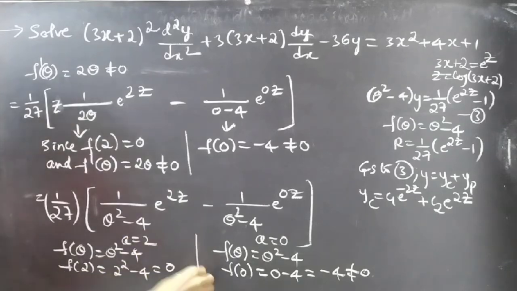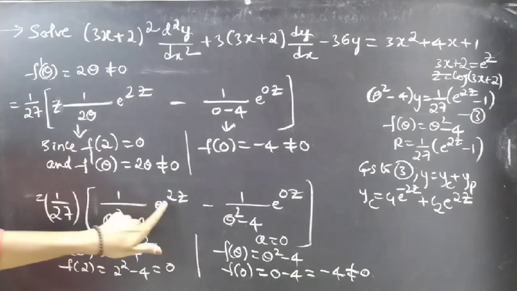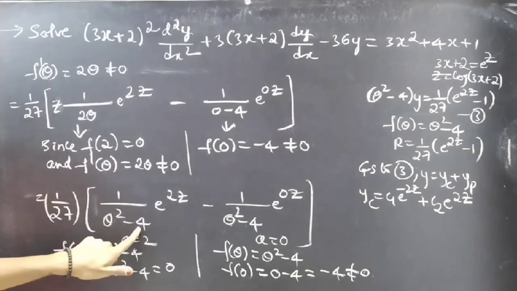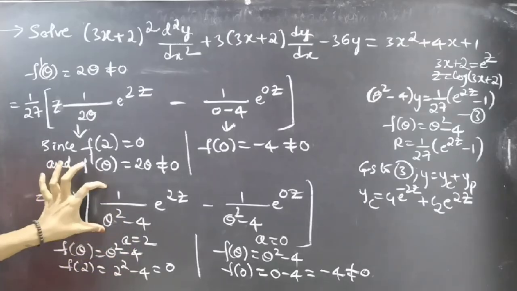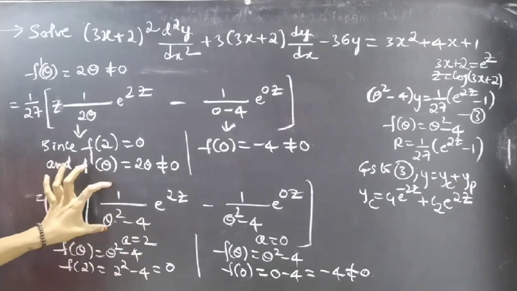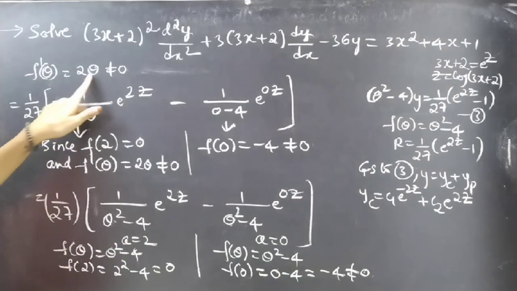I'll repeat this again. Here if we replace theta by 2, we'll get 4 minus 4, which is 0. If you put theta equal to 2, you'll get 1 by 0, which becomes undefined. So we'll find f dash of theta. We have f of theta equal to theta square minus 4, then f dash of theta will be 2 theta, which is non-zero.